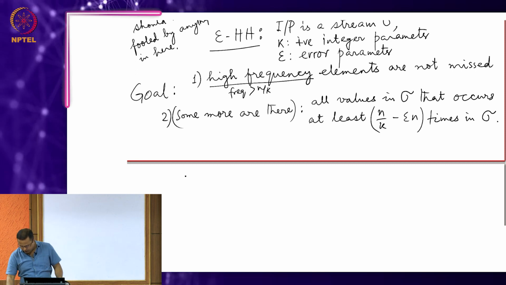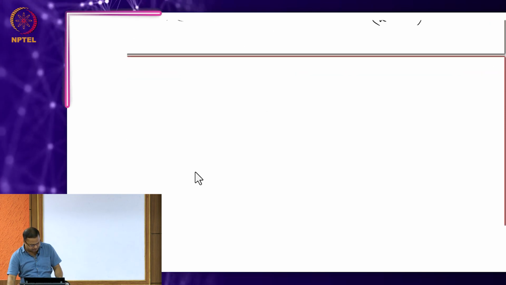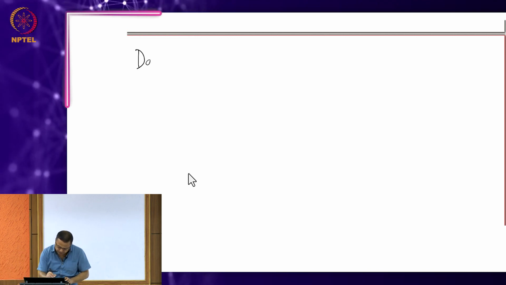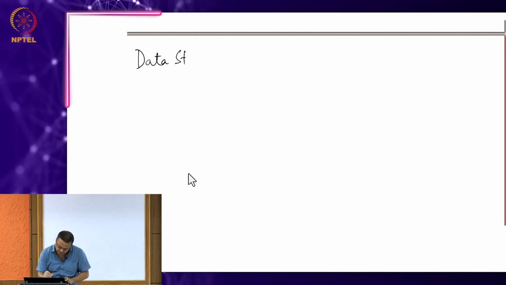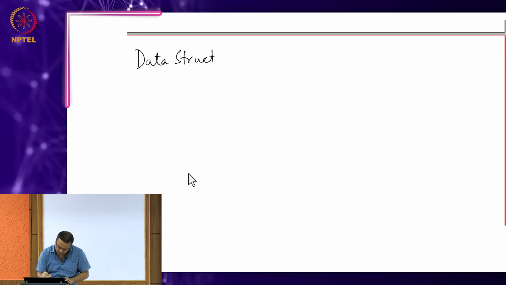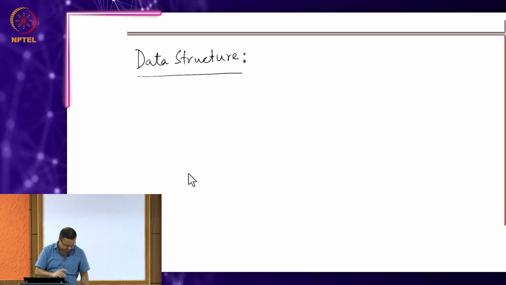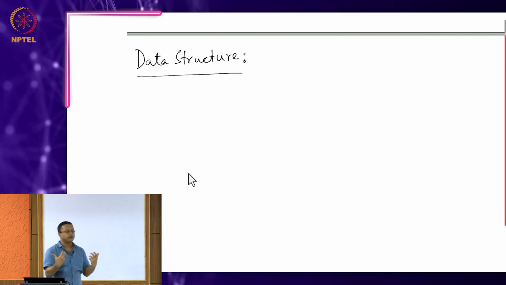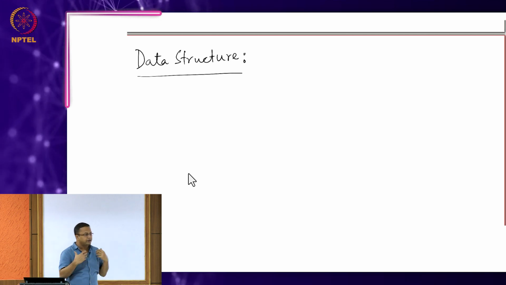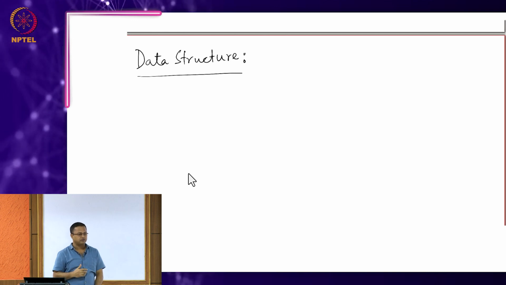Now, whenever you talk in terms of a data structure, I am going to design a data structure for you. So, how do you design a data structure? What dictates the choice of a data structure, right?